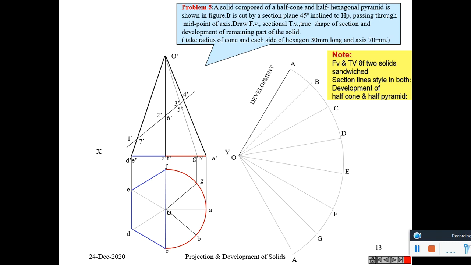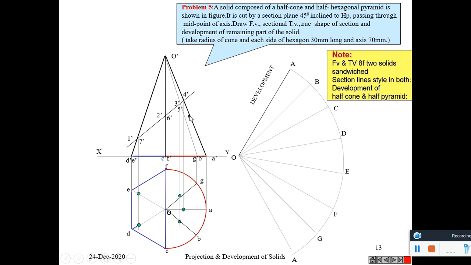Draw front view, sectional top view. We have drawn the front view here. To draw the top view, these points should be projected downwards. To project the points 2 and 6, it is brought to left side or right side.